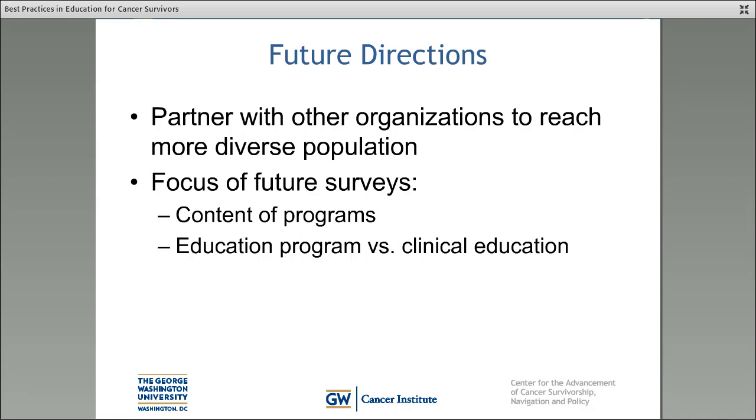We could also explore more about the preferred content for cancer survivor education programs and what content is best suited for an education class versus education provided as part of the clinical visit. And for education providers, we'd also like to look at sharing ways to measure the effectiveness of these programs and sharing tools and resources between the programs.